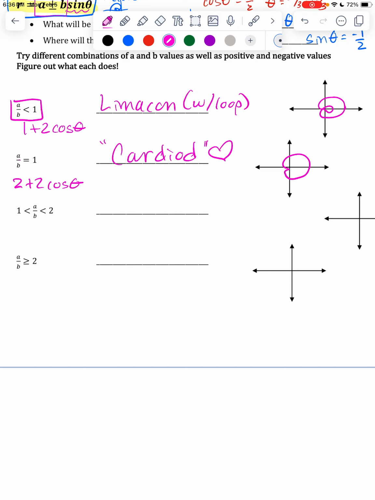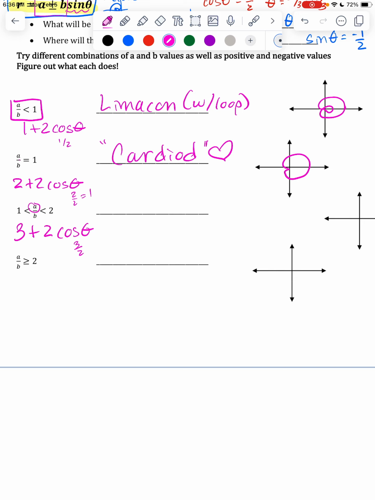Okay, what if your top value starts to be bigger, so now you're greater than 1, but the value stays less than 2? So let's say we had 3 plus 2 cosine theta. Here my ratio of a to b is 1/2. Here my ratio of a over b is 2 over 2, which is 1. Here my ratio is 3 over 2, which is greater than 1, but less than 2.